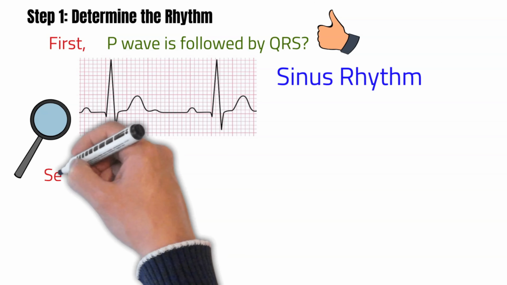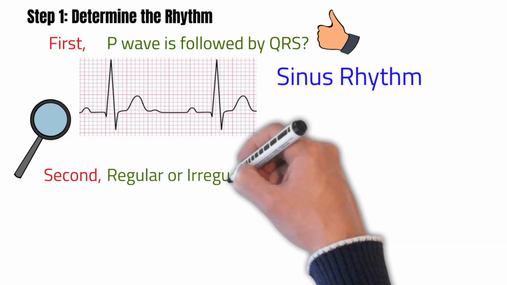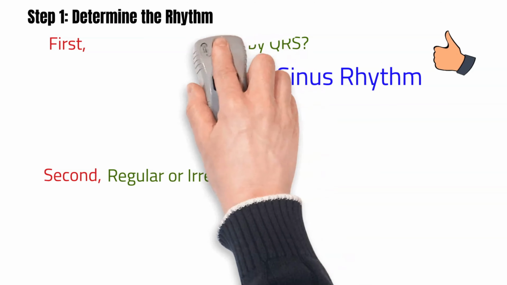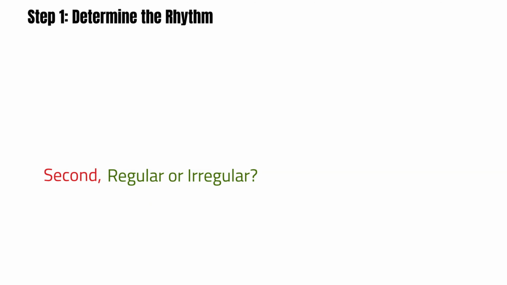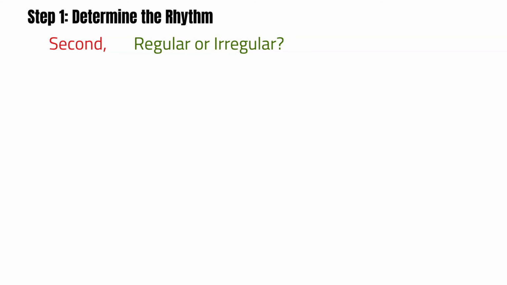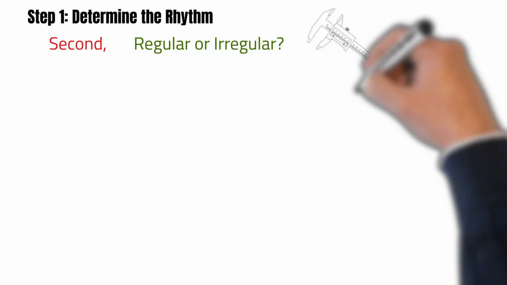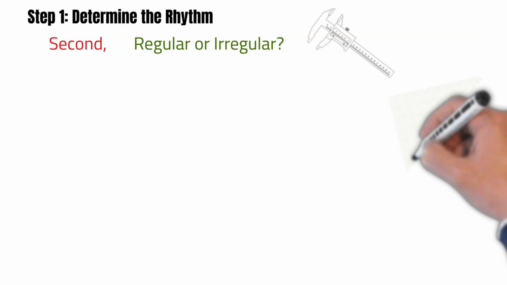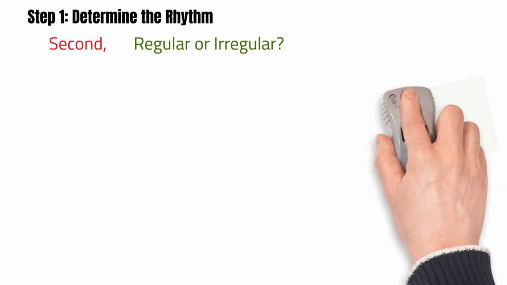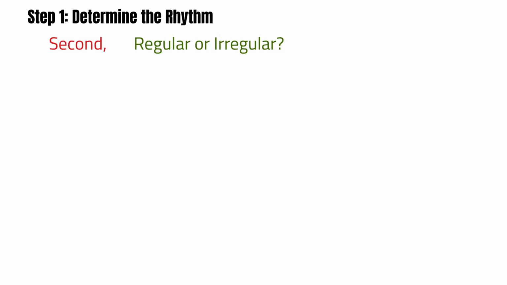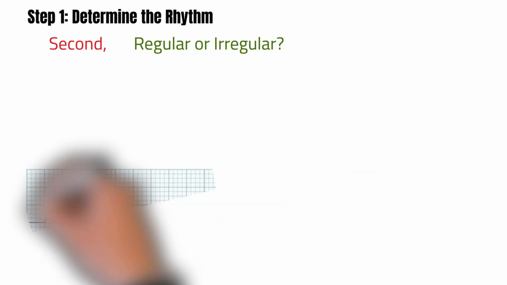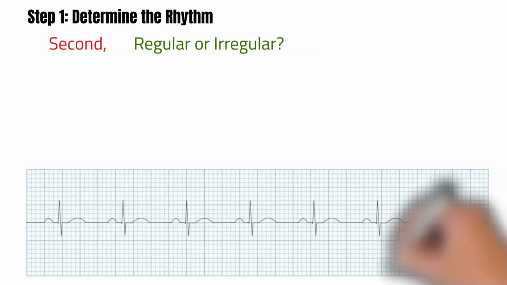Determine if the rhythm is regular, regularly irregular, or irregularly irregular. Assess the RR interval if consistent with the following beats. You can use a caliper or simply use paper and mark the RR interval and compare it with the preceding RR interval. Here is an example of a perfect normal sinus rhythm.